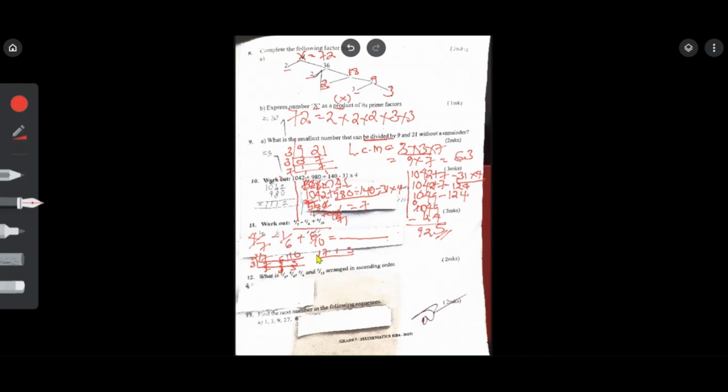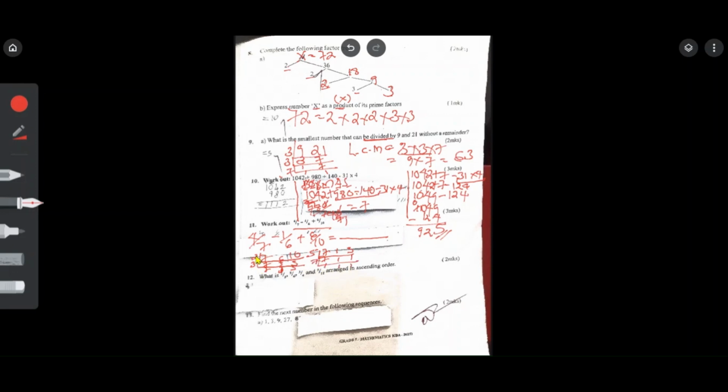Then by 5, this one is 7, you have 1, you have 1. Then finally by 7, you have 1, 1, 1.